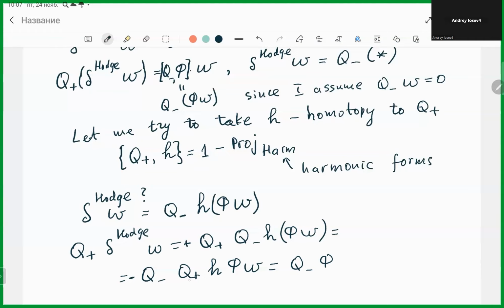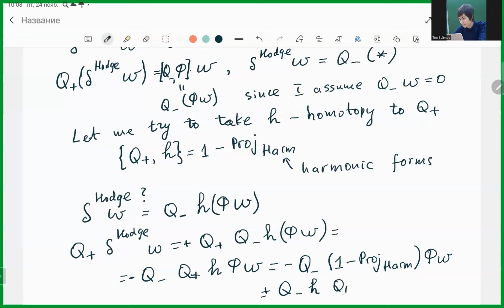So I have minus Q minus here, Q plus here. Then I replace Q plus H by the anti-commutator, that is 1 minus projection on harmonic forms. And I also have a term, plus or minus, it doesn't matter, HQ plus phi of omega.